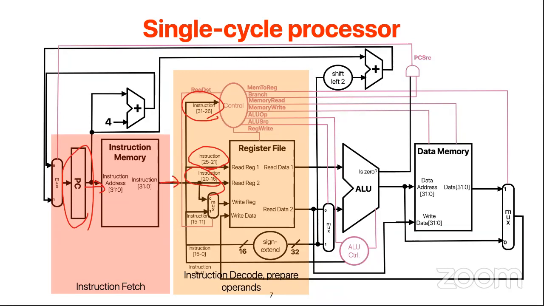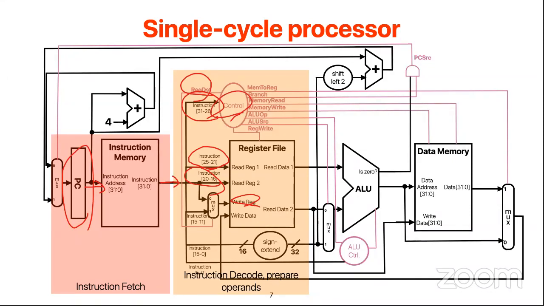The target of updating your value, depending on what kind of instruction you have, is the third register if it's an R-type instruction, and the second register if it's an I-type instruction. So that's why we have a mux here to choose.